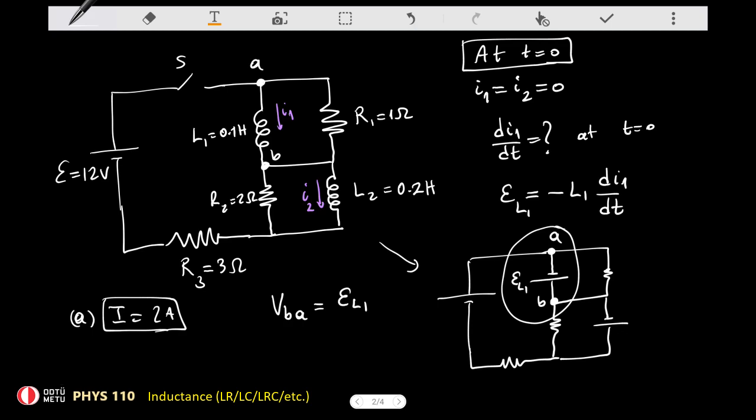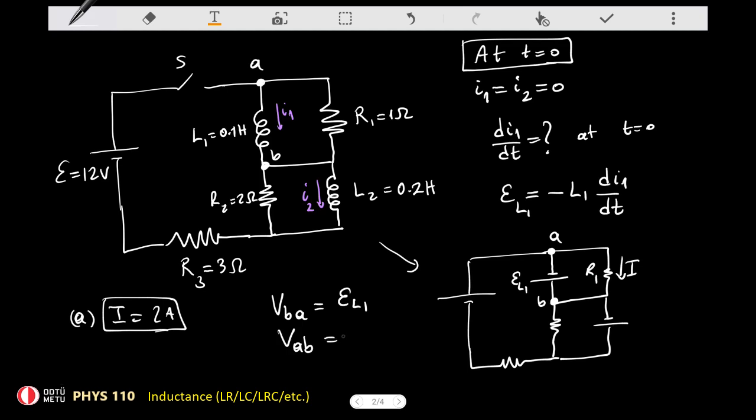Okay. Next, what I do is I just compute this potential difference this time by going over this resistor in here. I think it is easier to do this for VAB because there's a current on the resistor in here. This is the resistor with resistance R1.